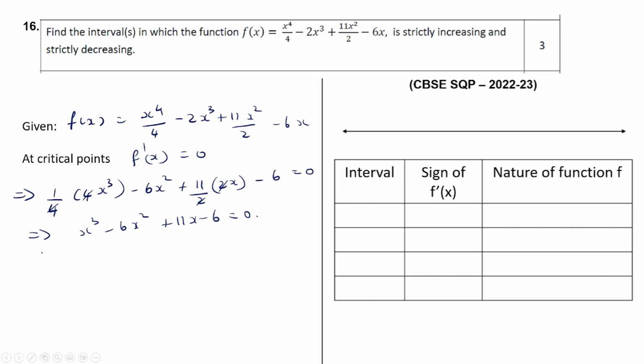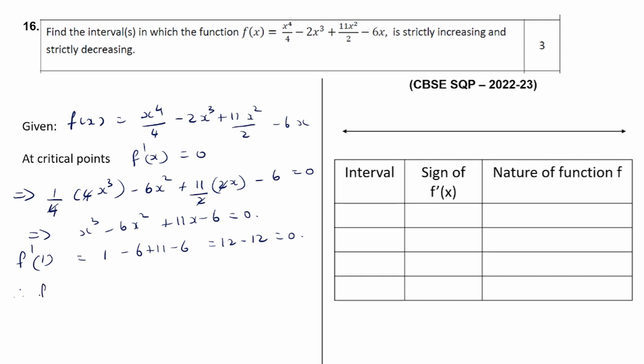Now here we have a polynomial of degree 3. So let us try x as 1. f dash of 1 is 1 minus 6 plus 11 minus 6. This is 12 minus 12. This is equal to 0. As a result, for this polynomial equation, we have x is equal to 1 as a root, since this equation is satisfied for x is equal to 1.